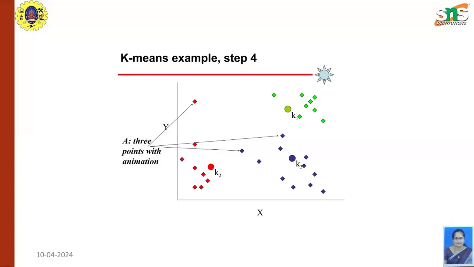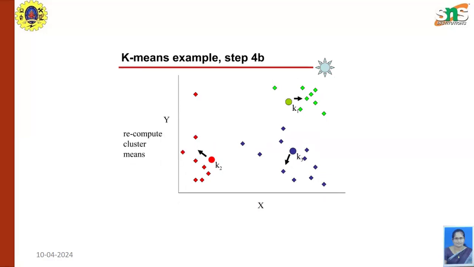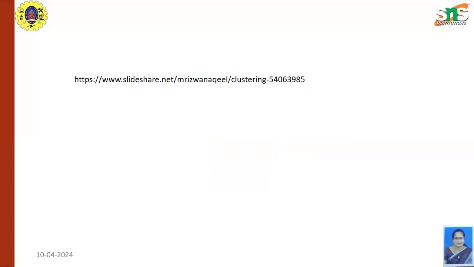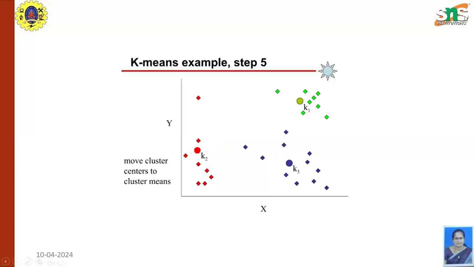Based on that, the 3 points animations will be created. After that, recompute the cluster means, then move the cluster center to the cluster mean. Based on the mean value, the cluster centers will be moved. In this way, we can implement K-means.